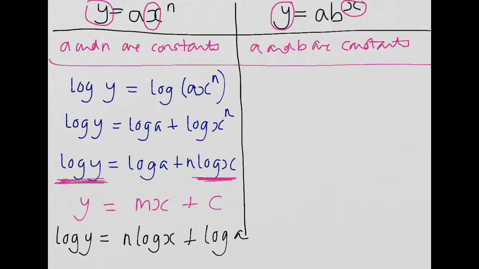So we will go through one of these examples, but what I want you to understand from this is we have logged both sides. We've then used our log rules to get it in this format, and then I have compared it with y equals mx plus c.